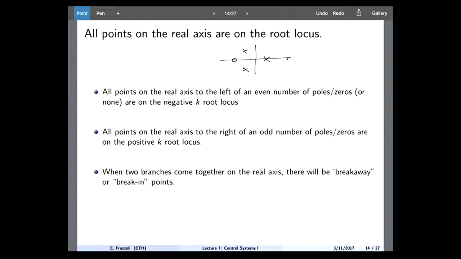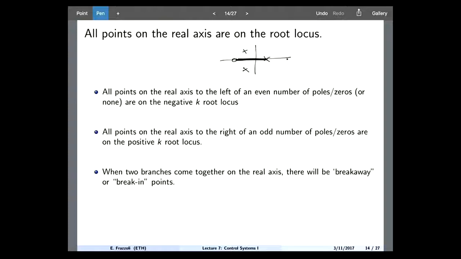You can summarize this by saying that all the points that are to the left of an odd number of poles and zeros are on the positive gain root locus, which is also, typically, when you talk about the root locus, what you implicitly mean: positive gain.